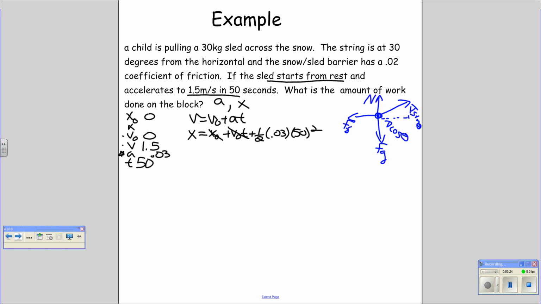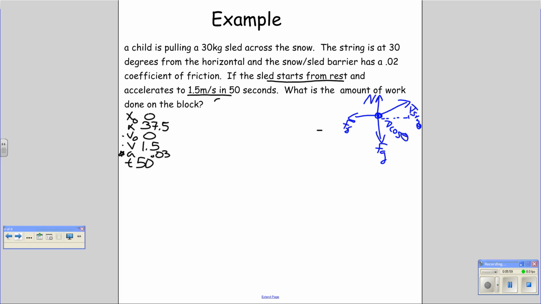And you get, I believe, 37.5. Yes, 37.5. Okay, so we're going to need those values later on. I just thought I'd solve for them now.